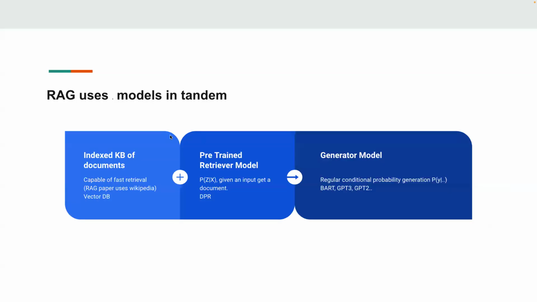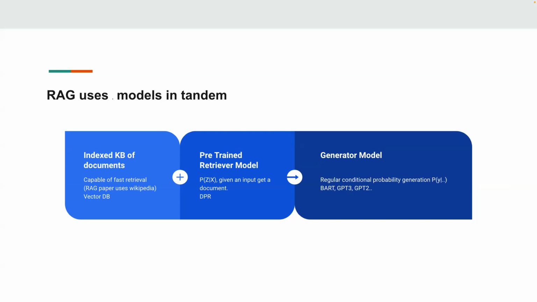Okay. RAG uses these models in tandem, which is the same as REALM. So now this would make much more sense. You index the document, which means that you create an embedding and then you find a convenient way of storing these documents. You could use a vector DB, you could use Elasticsearch and whatnot. Then you pre-train the retrieval model, which was BERT up until now, and even is in the RAG model, but you could also use a non-neural model, like a sparse retriever such as BM25, or TF-IDF as well.